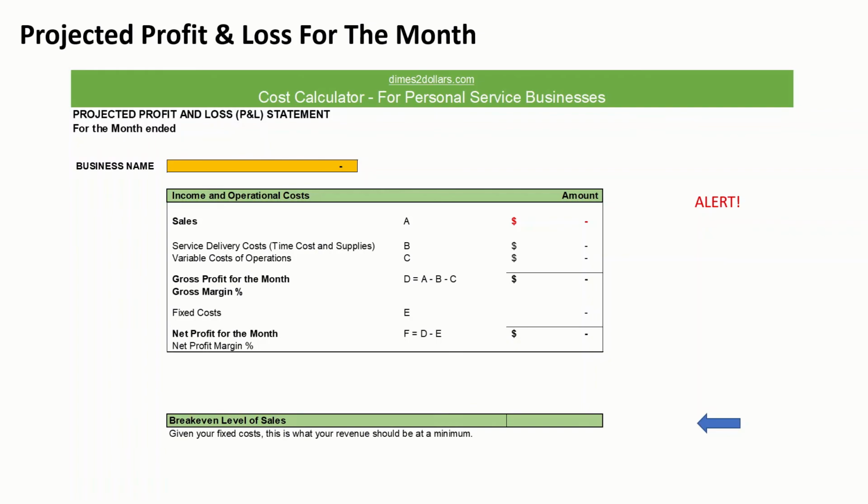That basically says you're not making enough money to cover the variable and fixed costs that are specific to your business. So that's the importance of keeping a very close eye on what the break-even level of sales is. Again, this could be different from industry to industry, business to business, or even business to business within a particular industry. So it's really a very unique number to your business. Keep a close eye on that, and this file helps you monitor it as you build your business out and model things out for yourself.